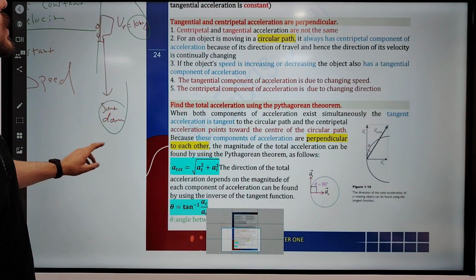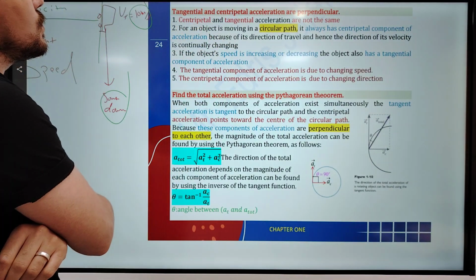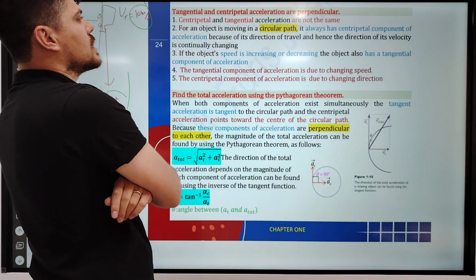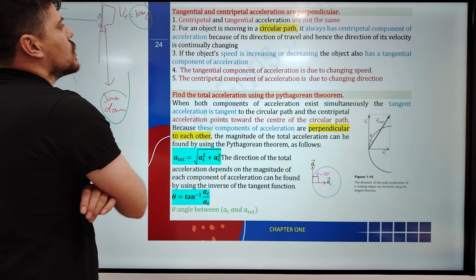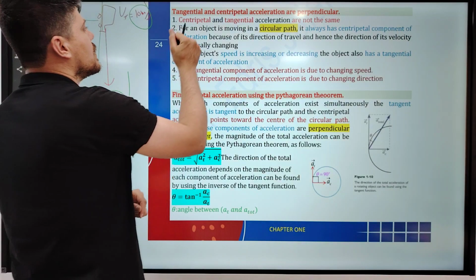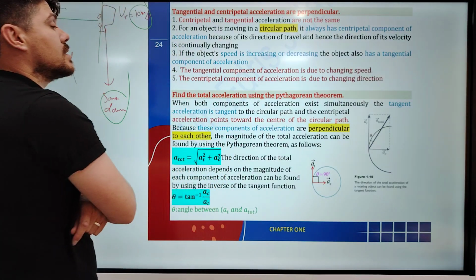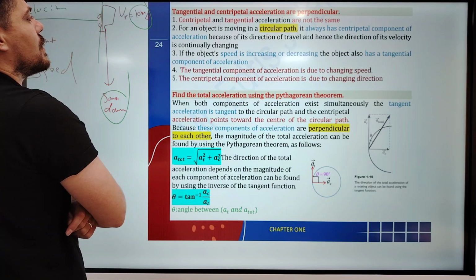Tangential acceleration and centripetal acceleration are always perpendicular to each other. Centripetal and tangential acceleration are not the same. The direction of the centripetal acceleration is directed toward the center, but the tangential acceleration is directed along the tangent of the circular path.